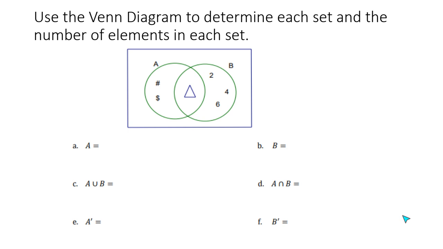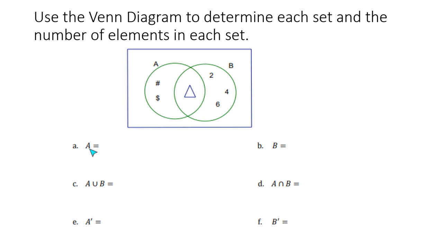Now we're going to work a little bit more with Venn diagrams. Here we have a Venn diagram, and we want to determine each of the sets that are given to us. The first one, we want to know what A is equal to.